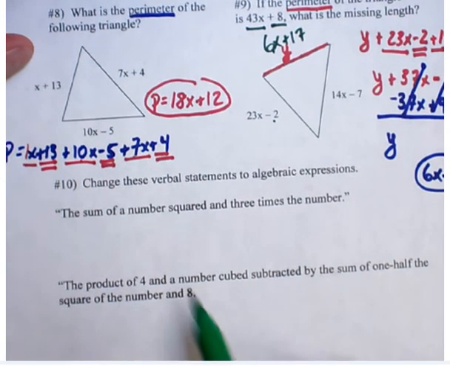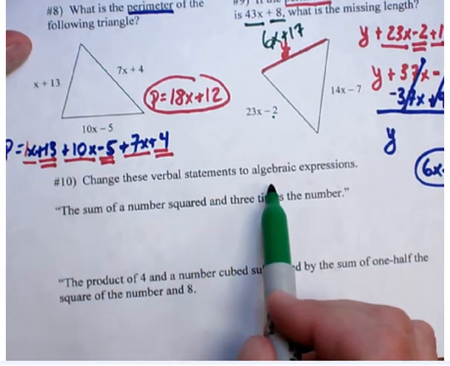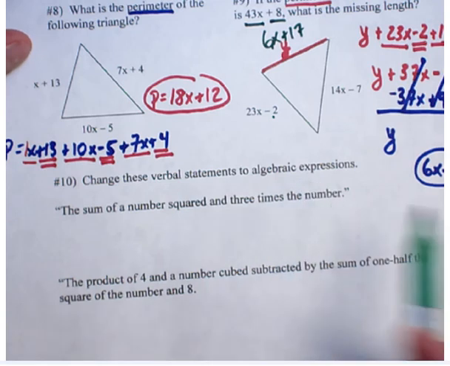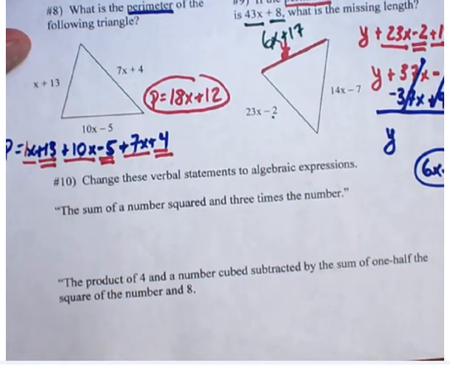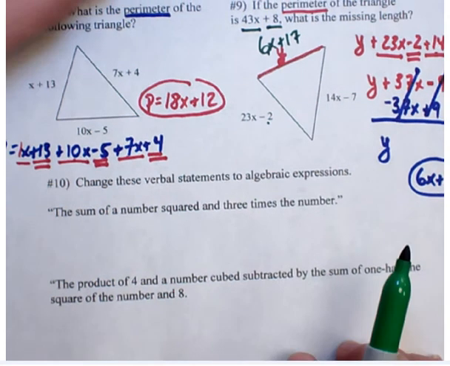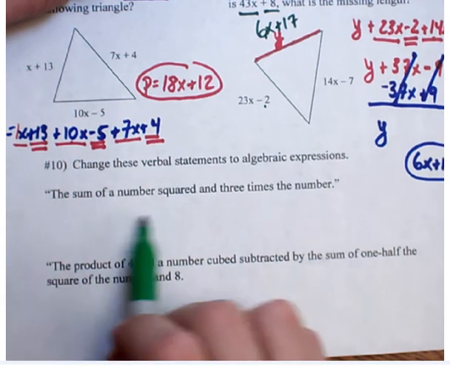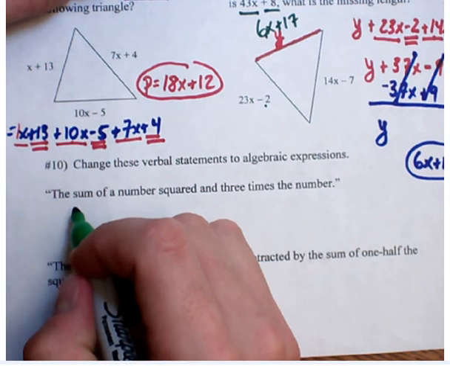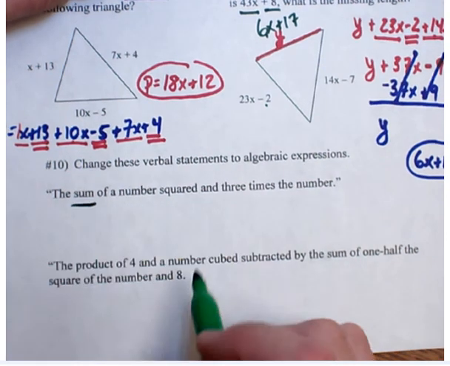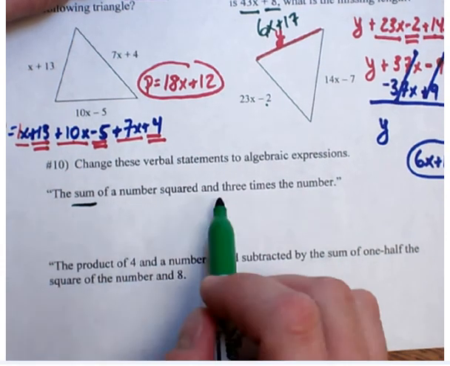Change these verbal statements to algebraic expressions. All right, now this is nothing that you're going to have to solve. All we want to do is take the words and try to change them into something with numbers and variables and operations. All right, let's go piece by piece. The sum of a number squared and 3 times the number.